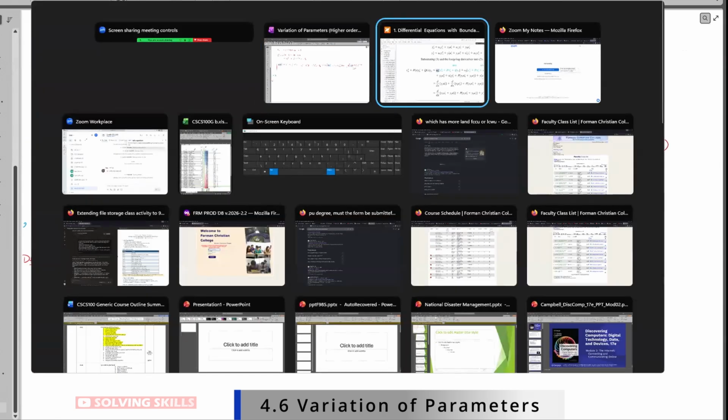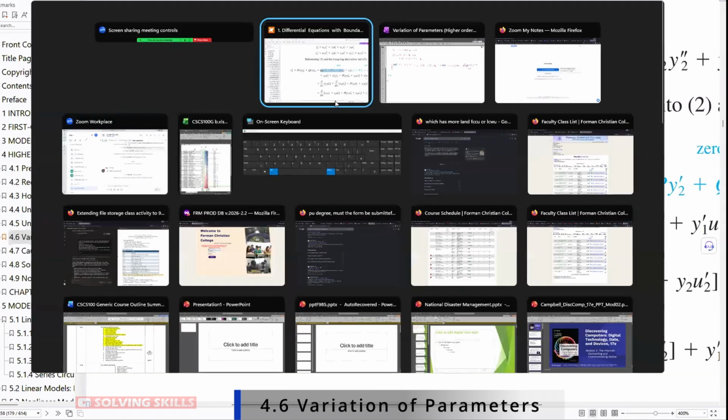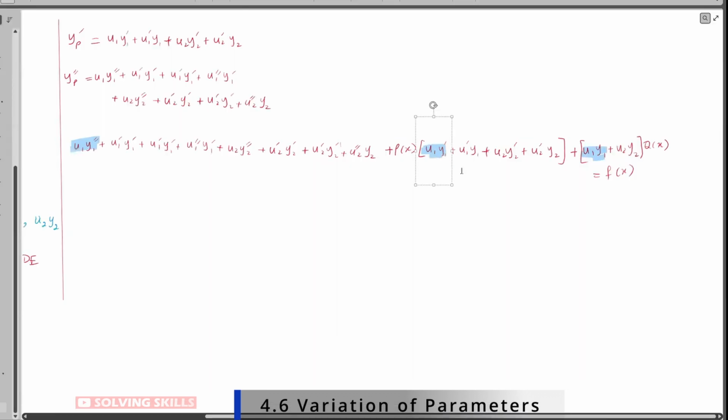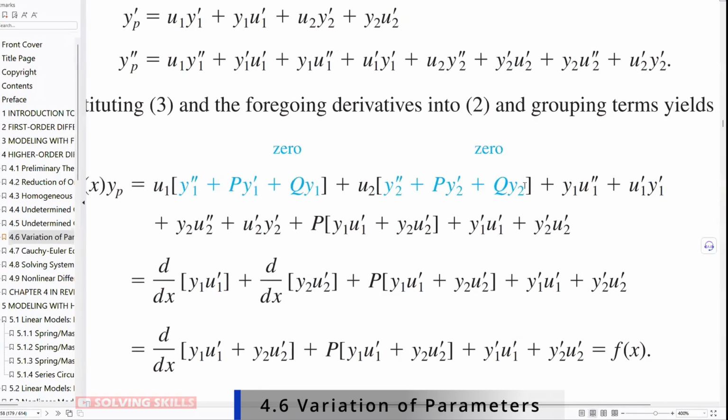So here you can see that it is u1 times y1 double prime plus p y1 prime plus q y1, because here you saw that u1 y1 is being multiplied with p and u1 y1 is being multiplied by q. So this is the collected situation.